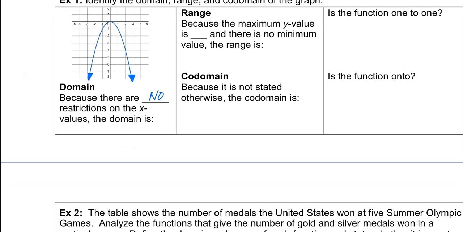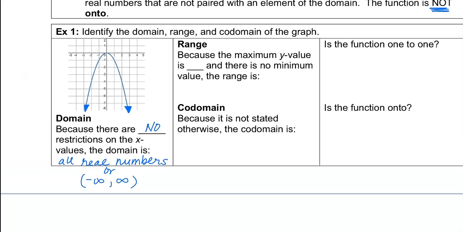And so the domain is all real numbers. Or what we could say is that the x values are going to go from negative infinity to infinity, right? They're never included in set notation.